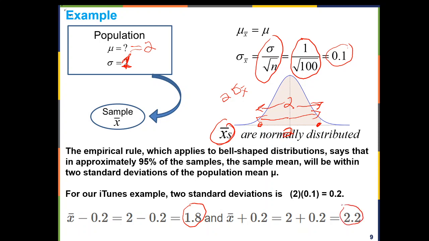So we can be 95% confident that the real mean we're looking for is between 1.8 and 2.2. And that's how we're going to report this. All right, so that's the idea of a confidence interval. Remember, in this case we do know the standard deviation of the population. In the next section, we're going to see what we can do if we don't.